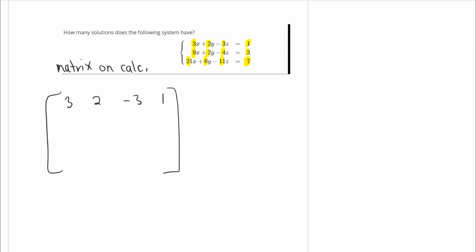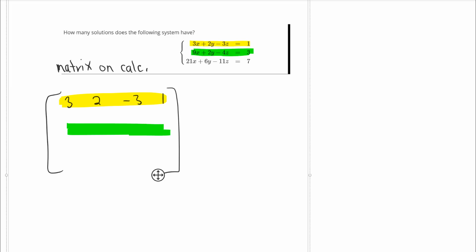So all I'm doing is making sure that I write this first row here. Then my second row would be here, and that third row, the coefficients, would be here. So I'm going to go ahead and do that.